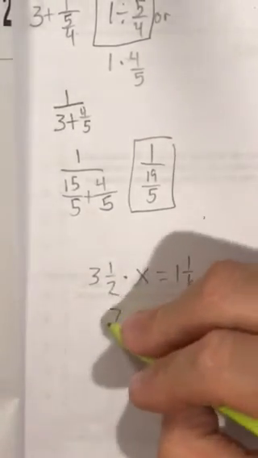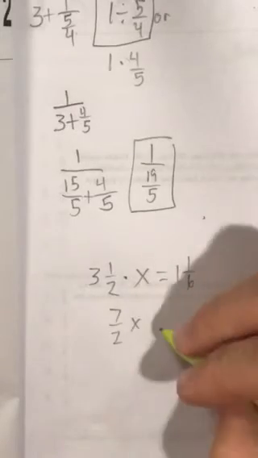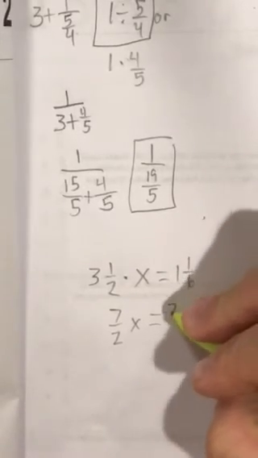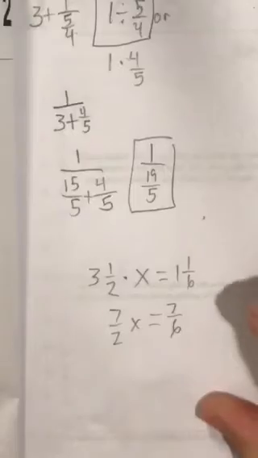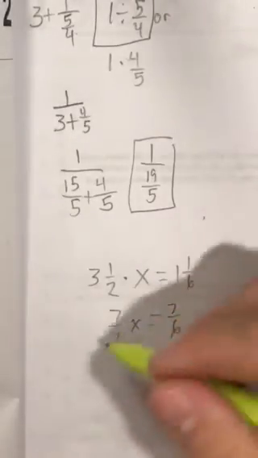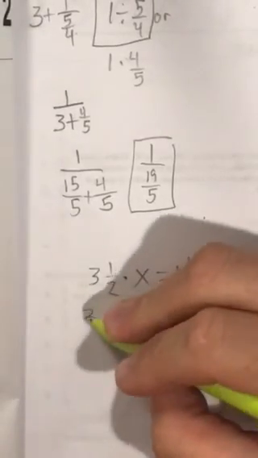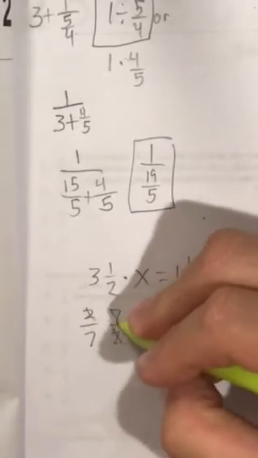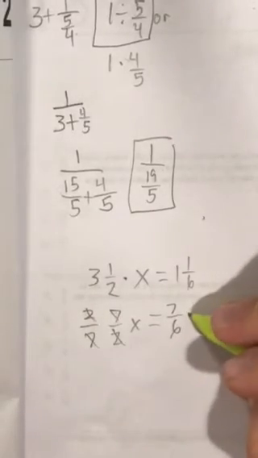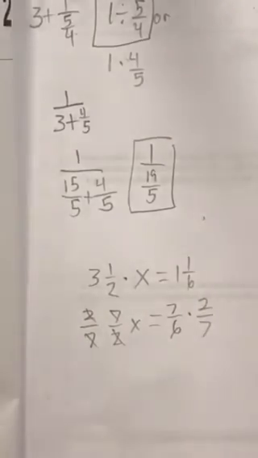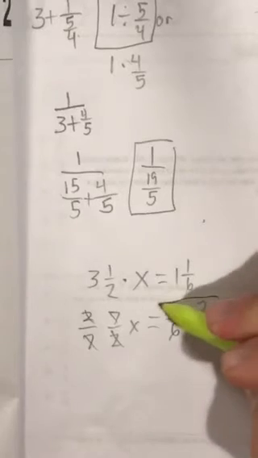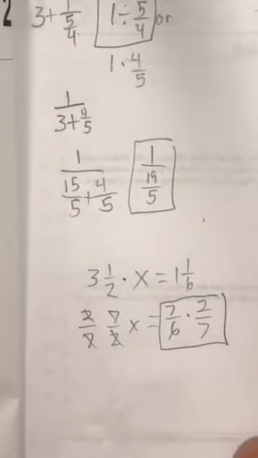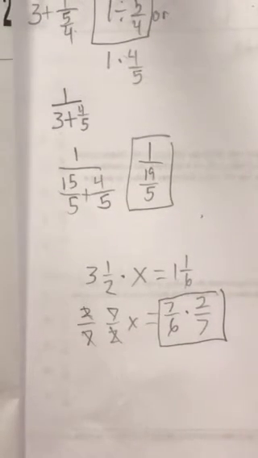So I have 7 over 2, x is equal to 7 over 6. I'm multiplying here, aren't I? Well, if I multiply by the reciprocal here, that's going to leave x by itself. Multiply by the reciprocal over here. And again, I'm going to let you work this out, but don't forget, once you find the answer, you have to reduce it.